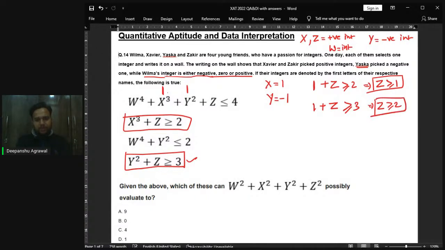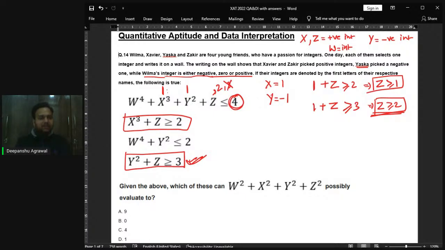So the minimum value of z can be 2, right? And obviously 1 plus 1 plus 2 is equal to 4. So z cannot have the value of 3.